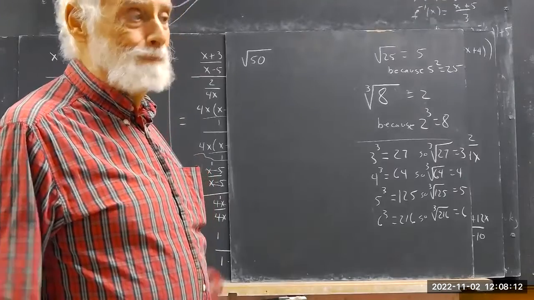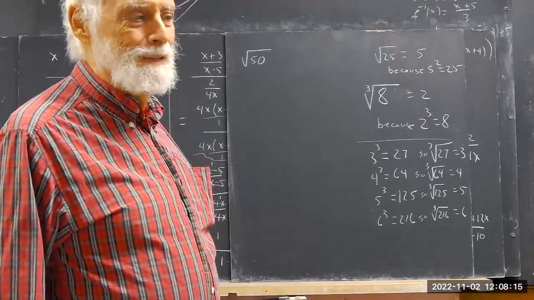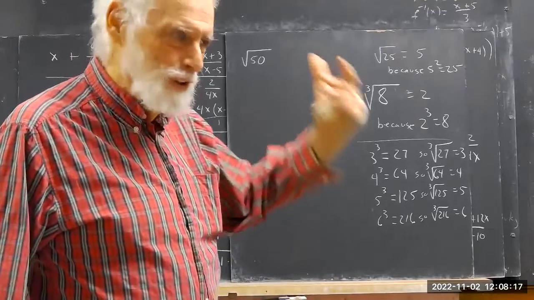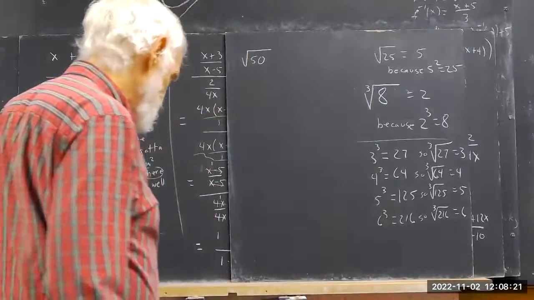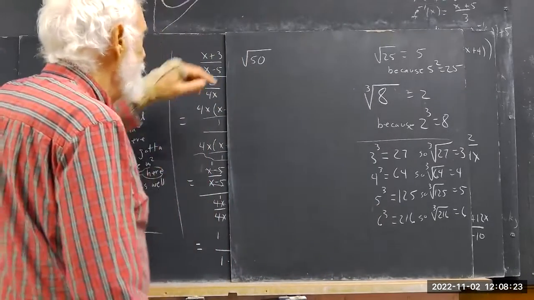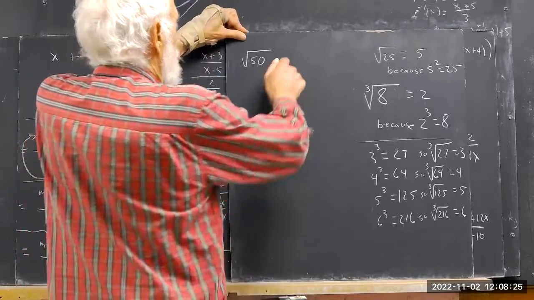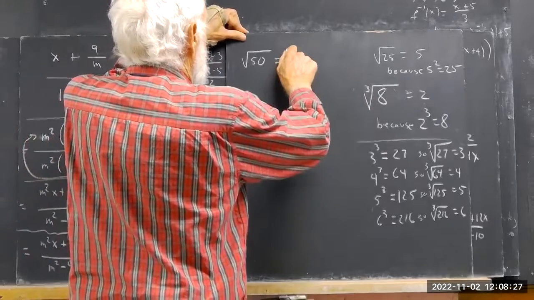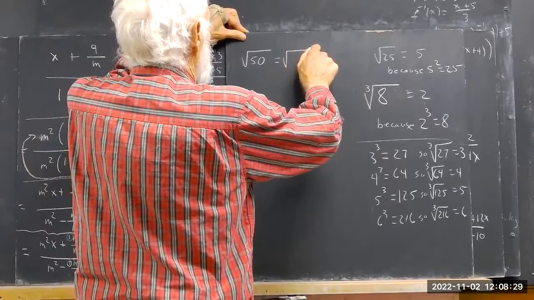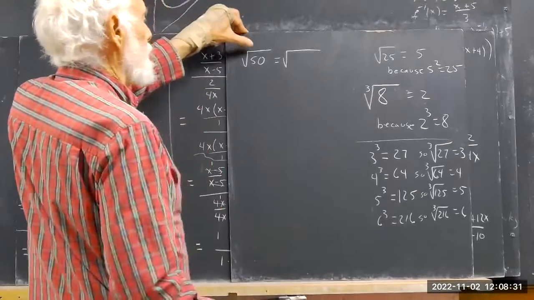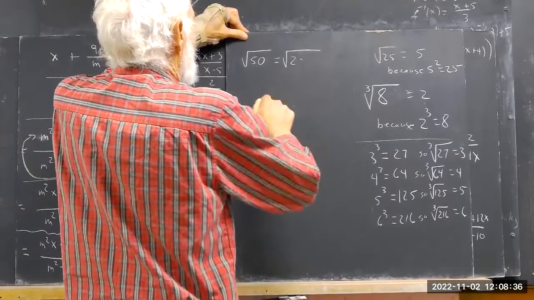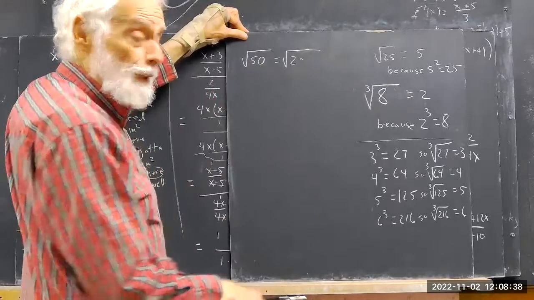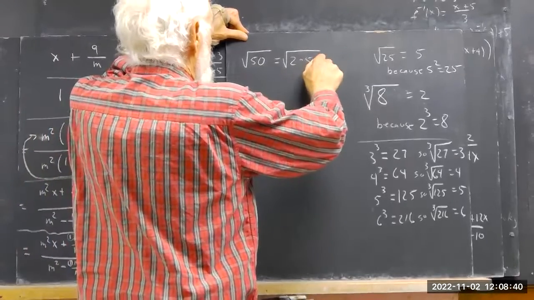It's about 7.07 or something like that. But the one thing I can do with the square root of 50 is write it as the square root of 2 times 25, which is 2 times 5 times 5.